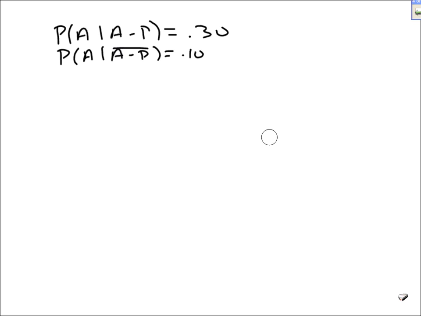And the probability that you are accident prone is 25%, 0.25.